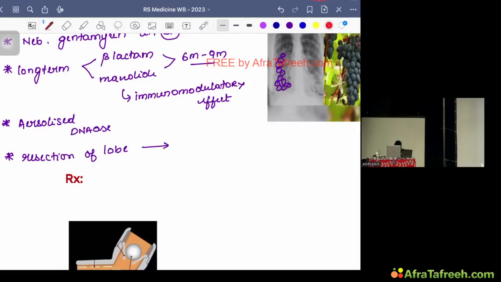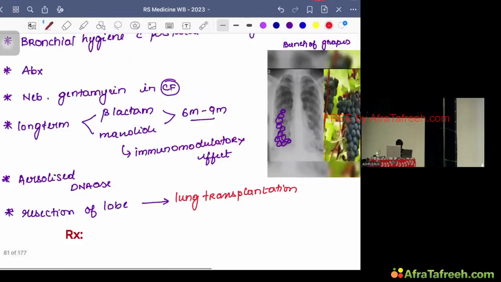Lung transplantation is the ultimate endpoint of treatment in bronchiectasis. This is very, very important. Based on the patient profile, the antibiotic regimen will vary.